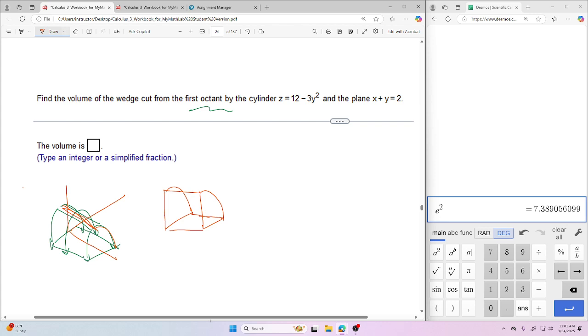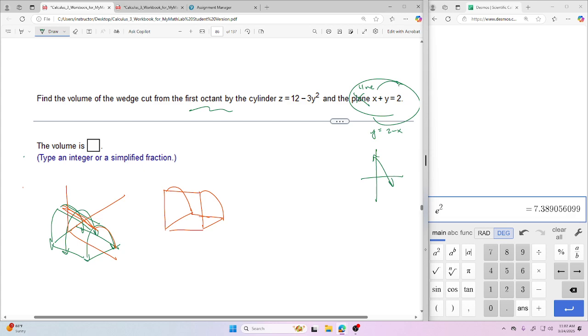Then I need to cut it with a plane. And this plane right here, it doesn't have any z's, does it? How do I graph this plane? What if I thought of it not like a plane, but a line? Could we solve for y and plug it in? Boom. y equals 2 minus x. If we were to do 2D, that would look kind of like this, right?